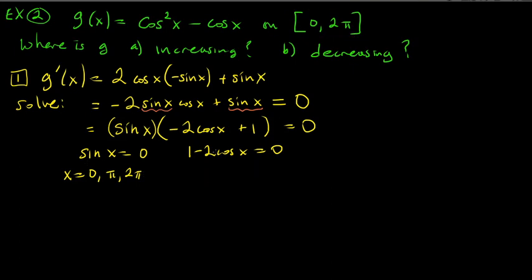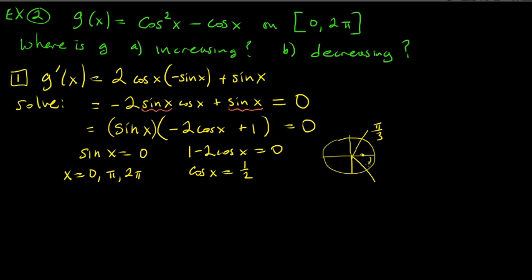All right, what about 1 minus 2 cosine of x equals 0? Well, this just means cosine of x is 1/2. And if you remember your unit circle, cosine is going to be 1/2 at either pi over 3 or negative pi over 3. However, negative pi over 3 is less than 0, so we don't want to go clockwise here.